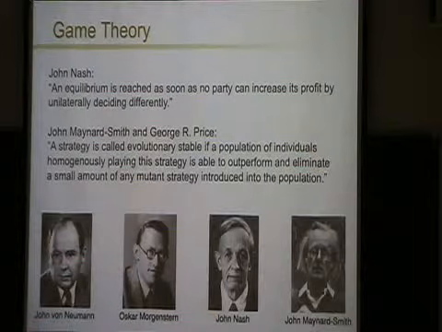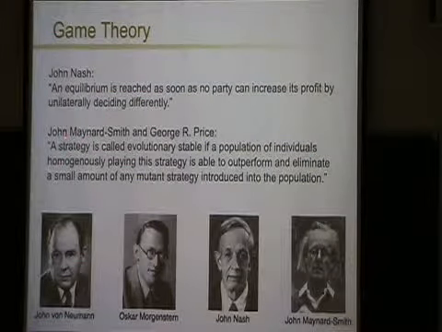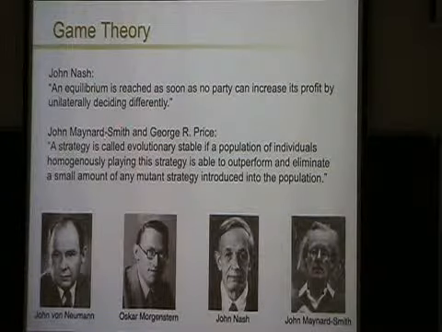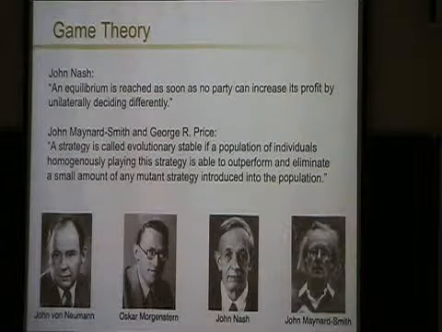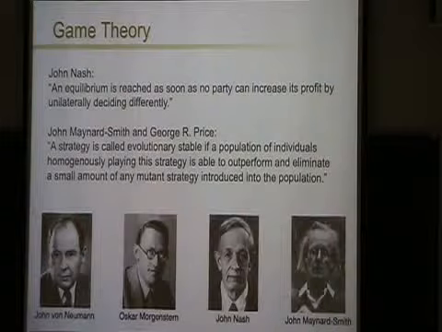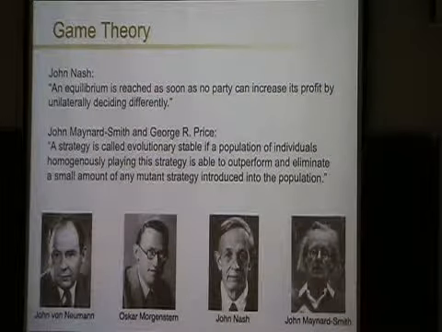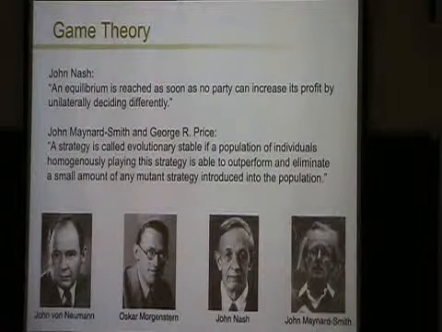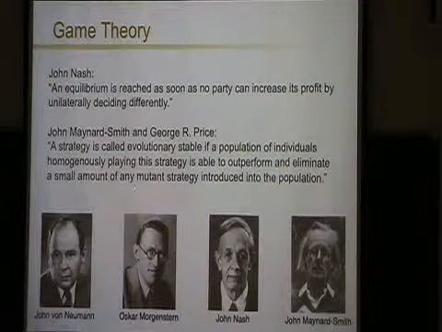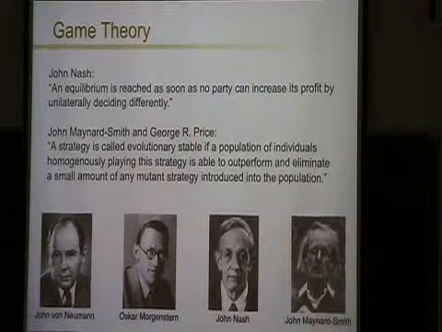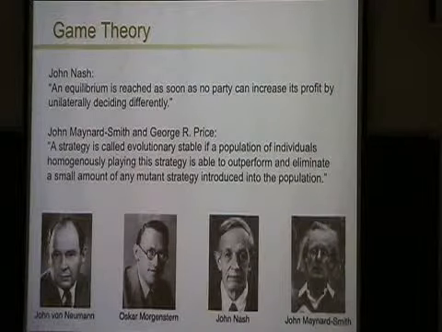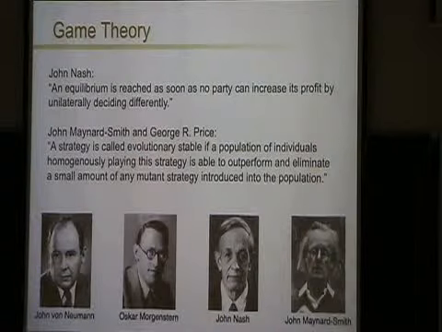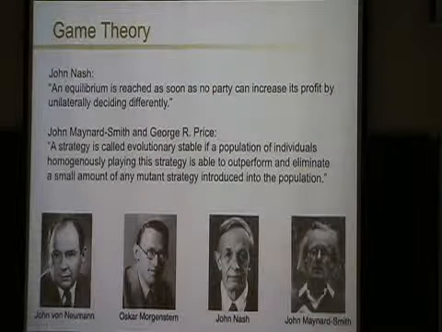We'll see what that means. In a more biological context, Maynard Smith talked about equilibria in game theory as evolutionary stable if a population of individuals playing that particular strategy is able to outperform or eliminate a small amount of any mutant strategy which you would introduce into the population. So the point is, you cannot be invaded by somebody else if you're playing a particular strategy.